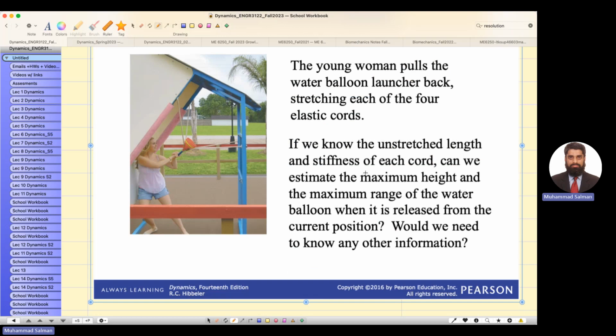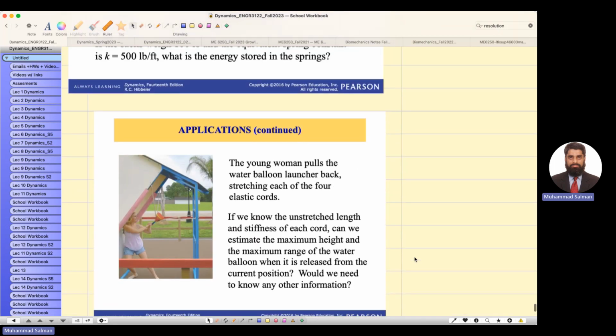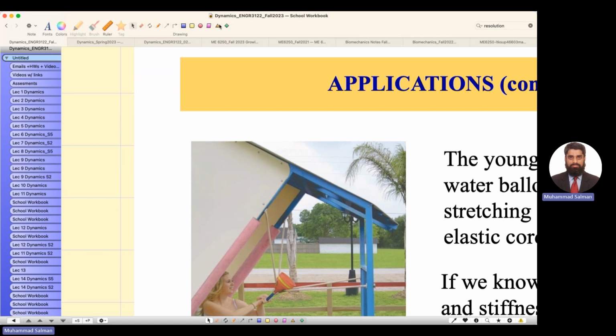This guy is pulling some machine. It has springs, and you see these are rubbers, like springs, and this is like a catapult.